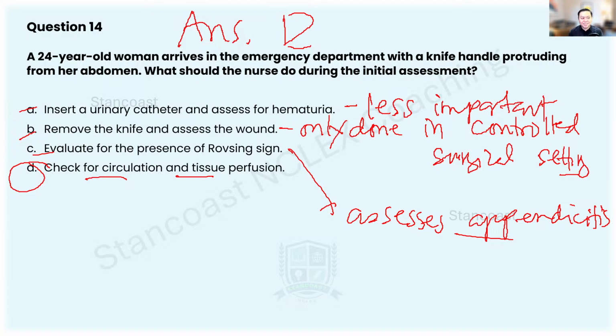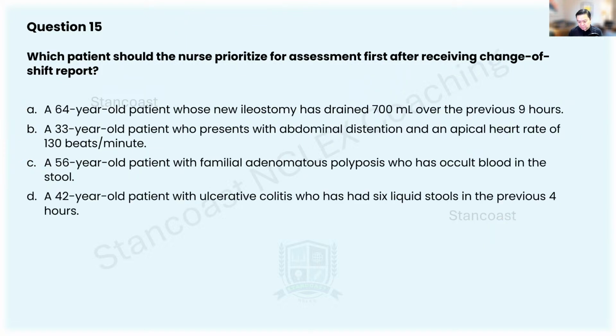All right. Now let's talk about number 15. Number 15, which patient should the nurse prioritize for assessment first after receiving change of shift report? A, a 65-year-old patient whose new ileostomy has drained 700 mL over the previous 9 hours?